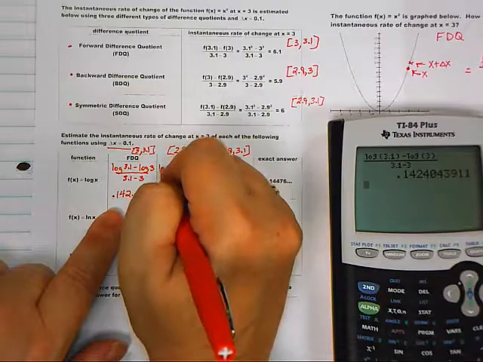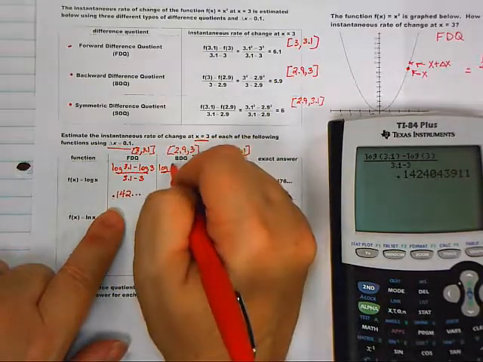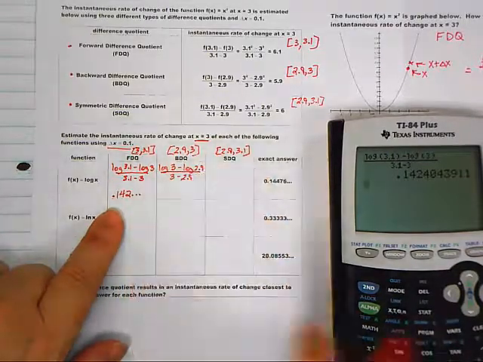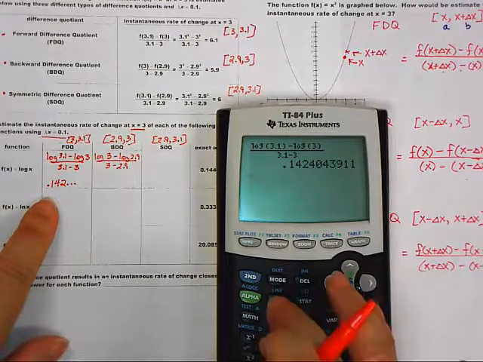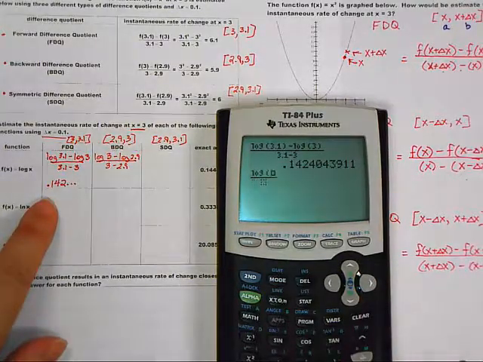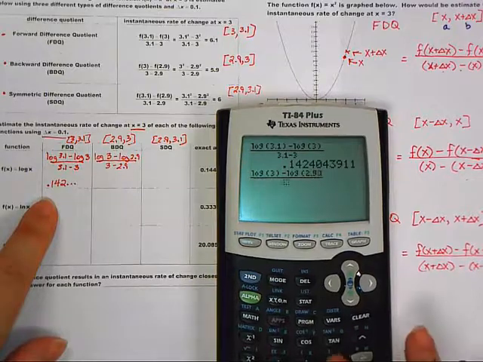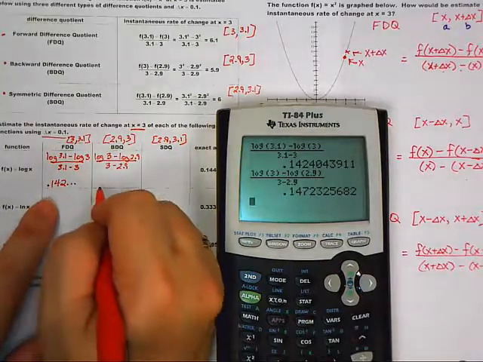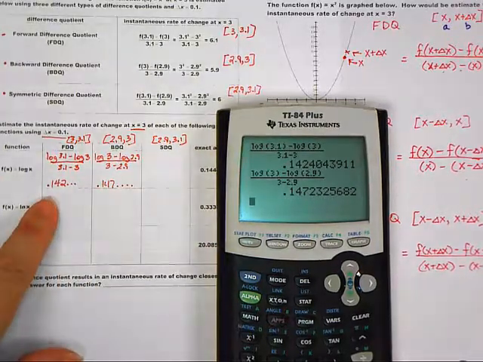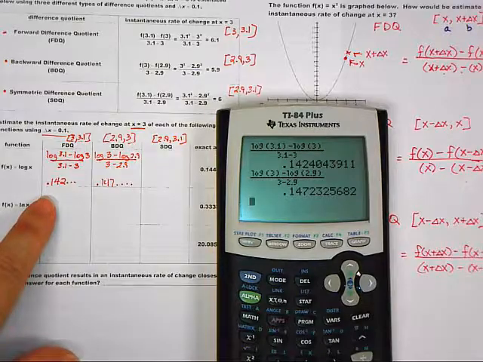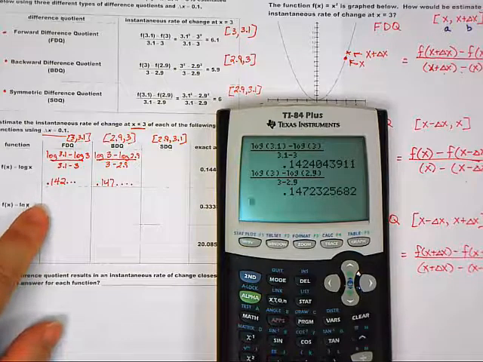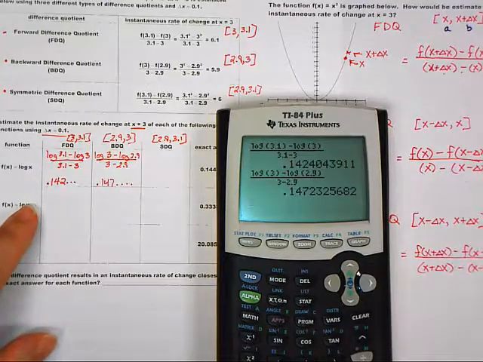How would this be? Log of 3 minus log of 2.9, over 3 minus 2.9. Okay. You should get 0.147..., which is a little too big. Okay.